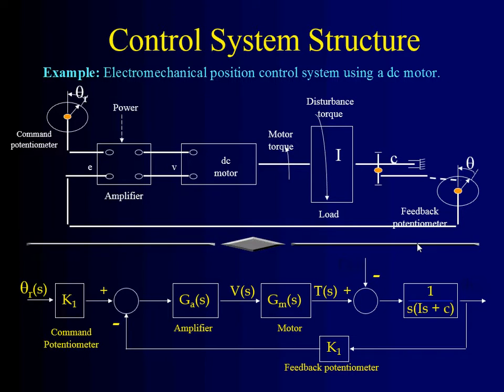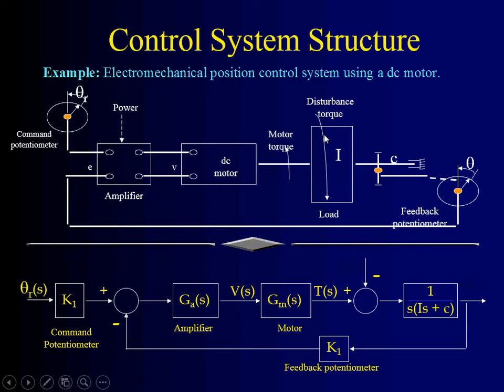So your system here is controlled by these two units here. So if you have the block diagrams of each one of these, you can see what we have studied so far.